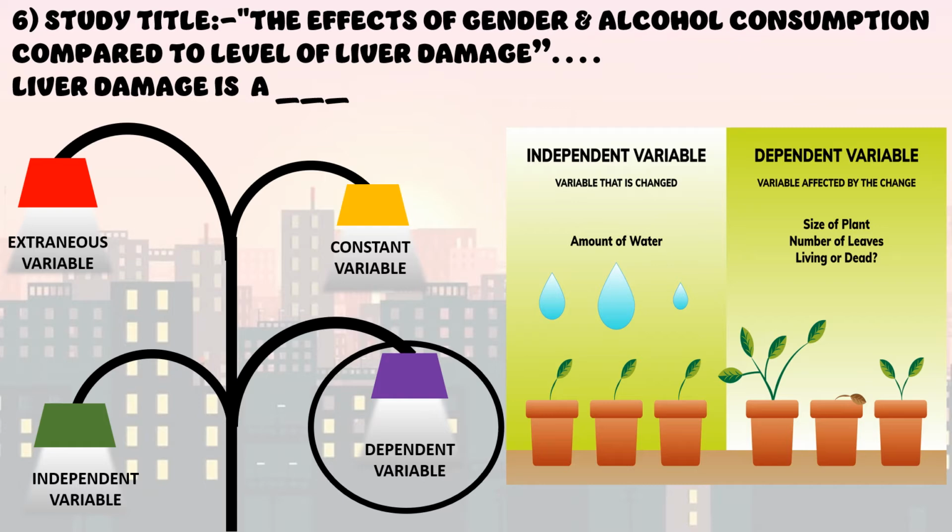And dependent variables are those which gets affected by the change which was brought in the independent variable. So here liver damage is a dependent variable, because if alcohol consumption is decreased, there are chances that the liver damage may be decreased. If alcohol consumption is increased, so there are chances that the liver damage may be increased.